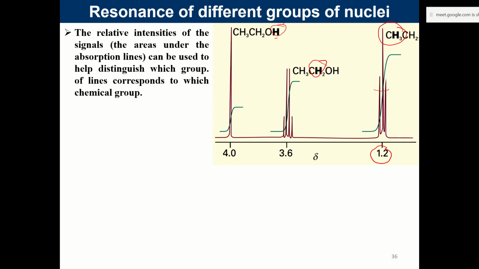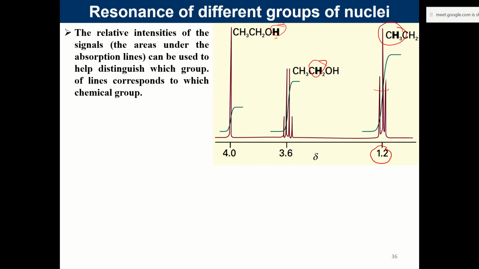But something interesting is the intensity when you carry out the integration. I introduced this term, integrated intensity, last time. That is obtained by performing integration, which in a graphical sense means taking the area under the curve. It is a mathematical process, equivalent to taking the area under the absorption line.